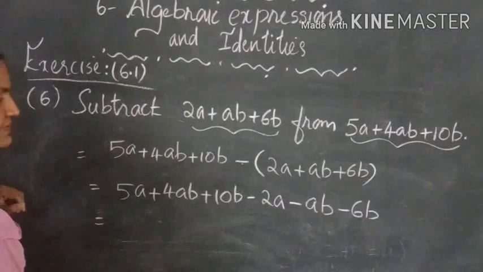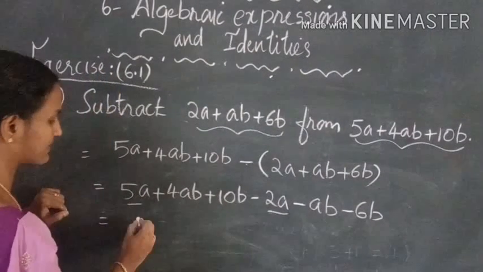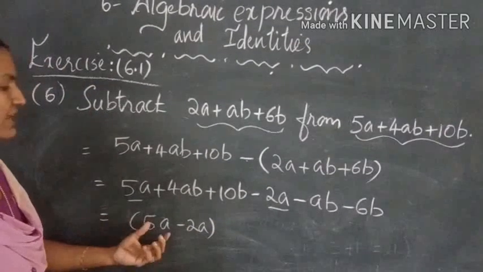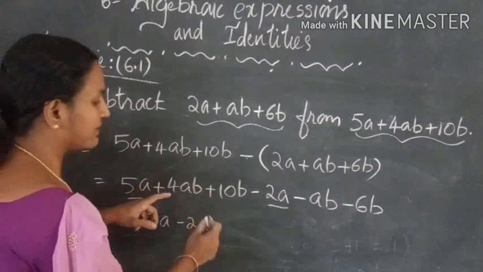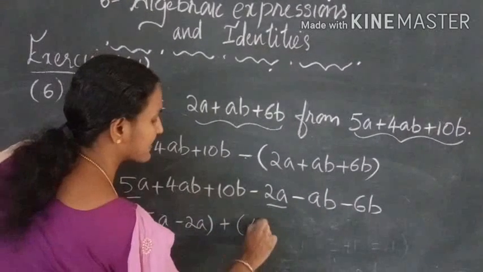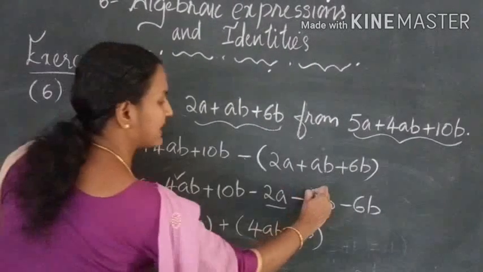Then grouping the terms, 5a minus 2a, they are like terms. Then 4ab minus ab.